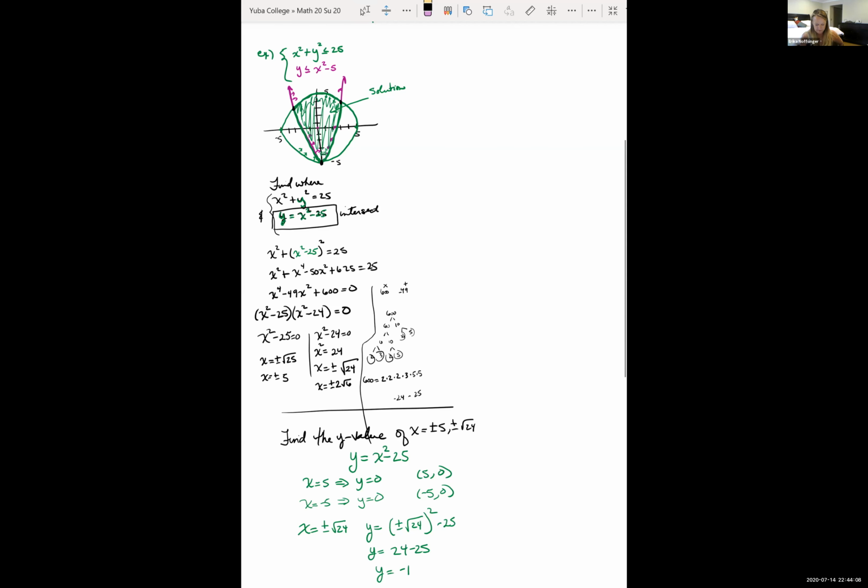If I plug in (5, 0), that works, and if I plug in (-5, 0), that works. The beginning, where it says to find where x squared plus y squared equals 25, is it supposed to be y equals x squared minus 5? Aha. The equations intersect. Darn it. Yes, that's where it is. So I knew something was going on.